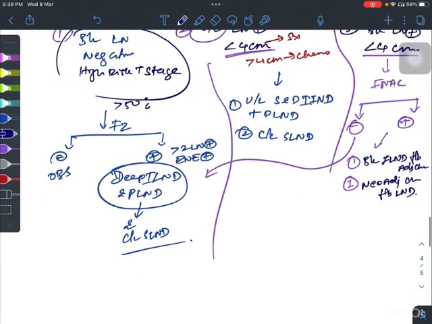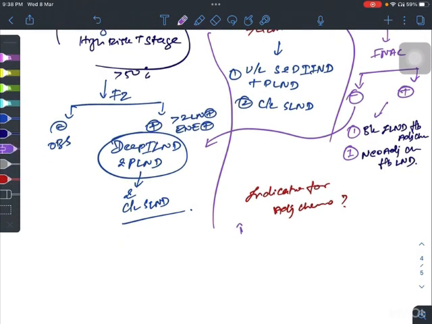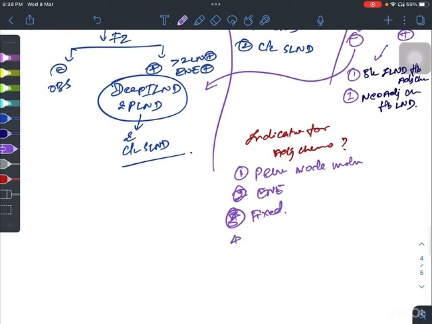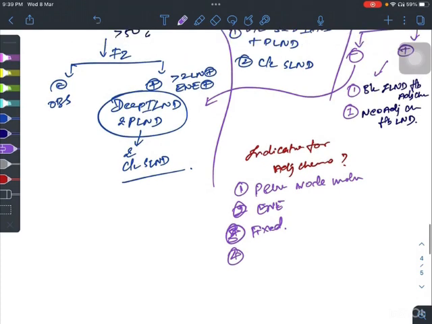Okay, so what are the indications for adjuvant chemo? If there is pelvic node involvement, if there is extranodal extension, if the lymph node is fixed, and if there are 3 or more lymph nodes positive, we can give adjuvant chemo.